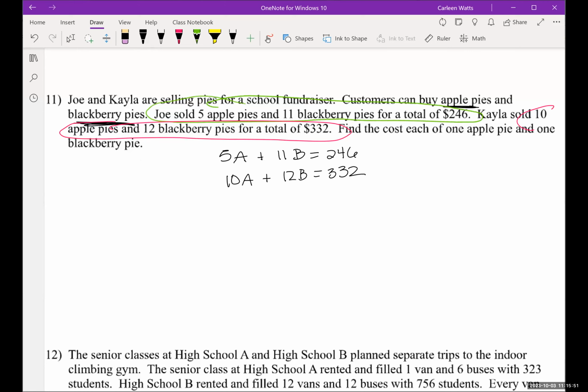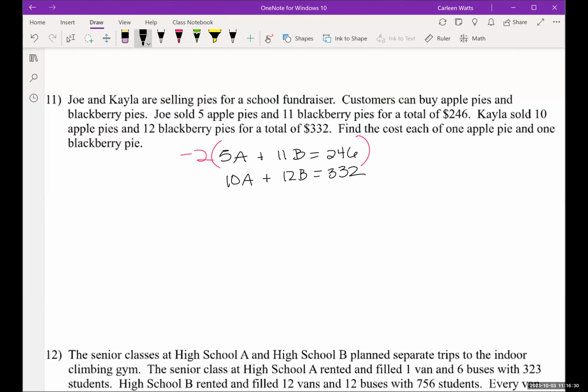You can step off. Now, the way my equation editor sets these up, there's usually one variable that's obviously a lot easier to solve for. Which variable is obviously easier to solve for? A, yeah. So the top equation, what do I need to multiply the top equation by so that I get the coefficients of the A's to be same but opposite sign? Careful, negative, right? Yeah, we're going to multiply by -2.